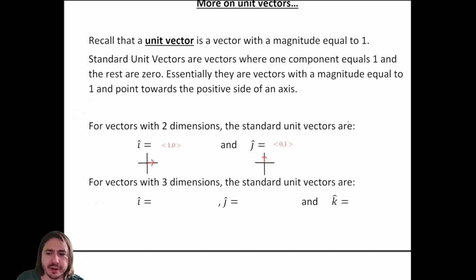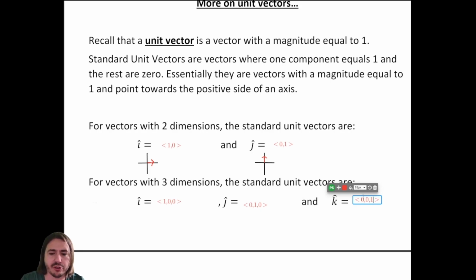If you happen to have a 3-dimensional vector, so you've got x and y and then z pointing in and out, you're going to write those vectors just like a 2-dimensional vector, except you have 3 numbers instead of 2. So these 2 vectors will be the same, but the third one is (0, 0, 1). If you're working in 3 dimensions, your first standard unit vector would be (1, 0, 0), the second one would be (0, 1, 0), and the third one would be (0, 0, 1).